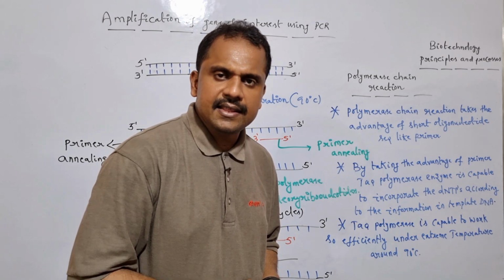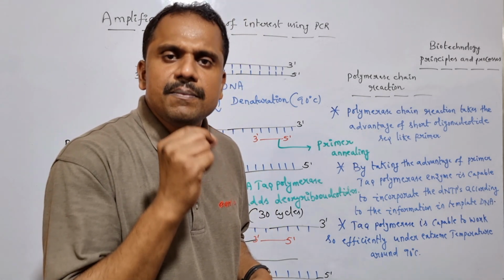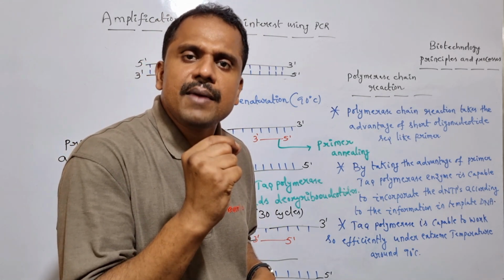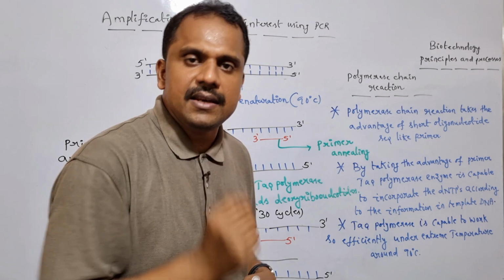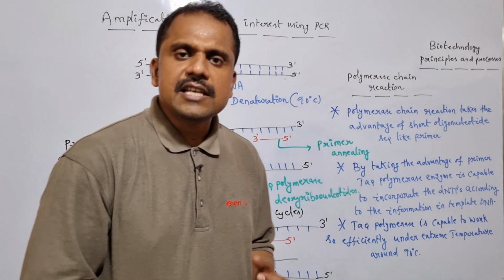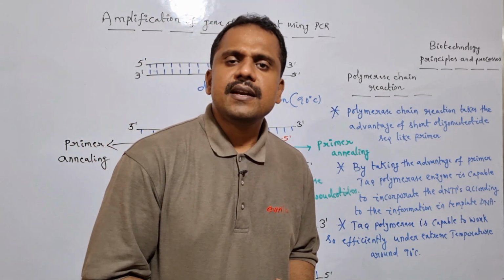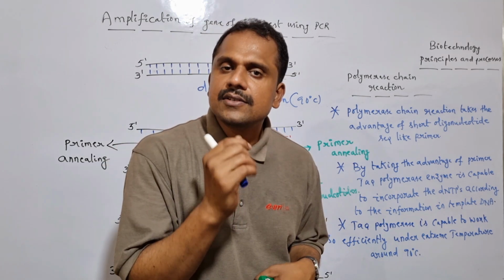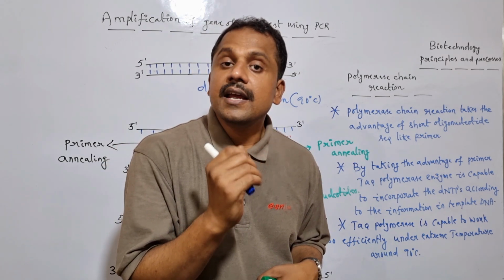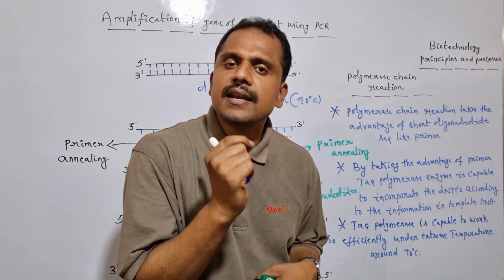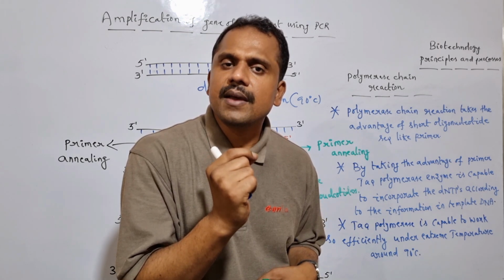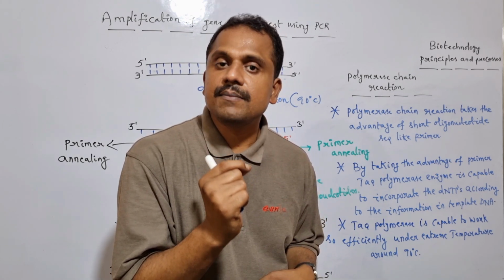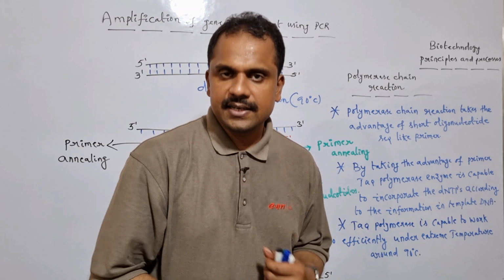So by taking the advantage of the specific PCR cycle, we can manipulate the concerned gene many times. And the specific gene which has been manipulated by PCR, the specific fragment can be successfully cloned by taking the advantage of a specific process termed as gene cloning or gene transfer.